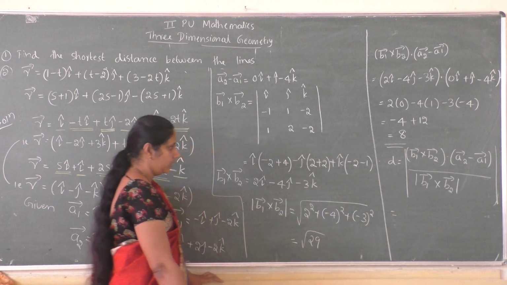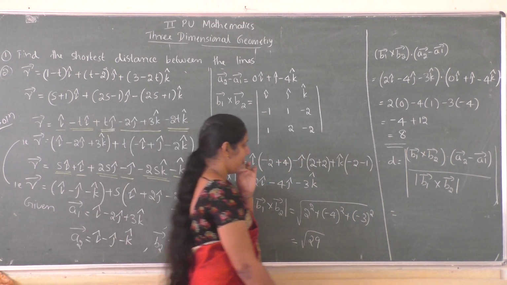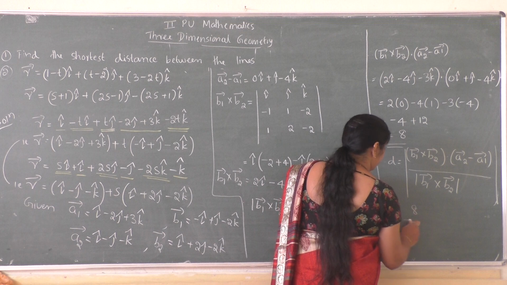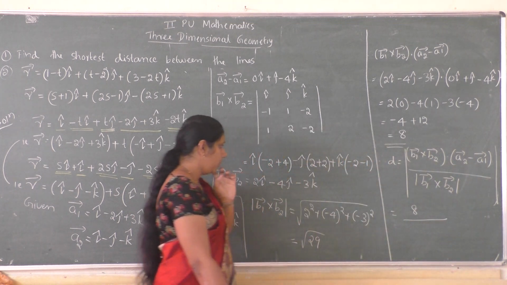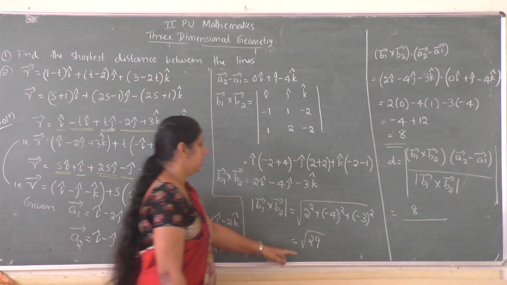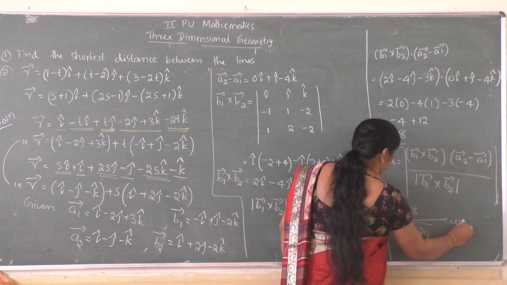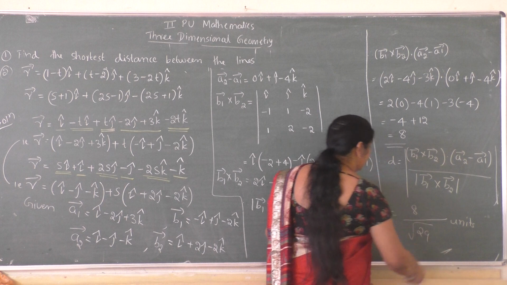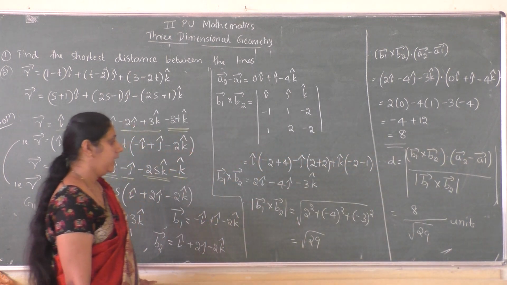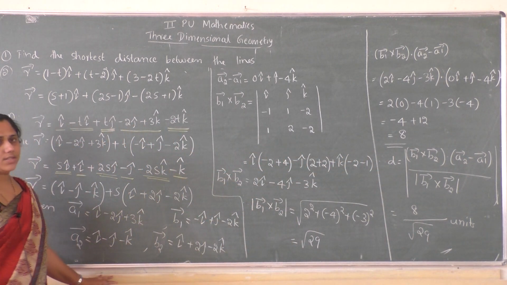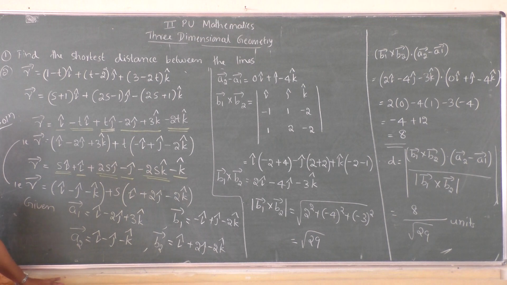Now substitute the values. What is the numerator? It is 8, divided by, what about the magnitude of b1 vector cross b2 vector? It is root 29. So the answer is 8 by root 29 units. So this is the shortest distance between the given two skew lines.